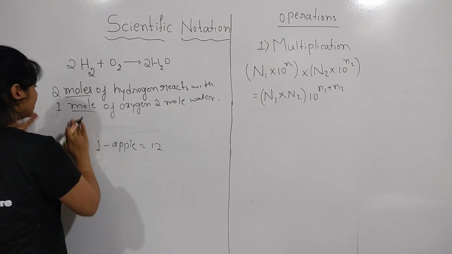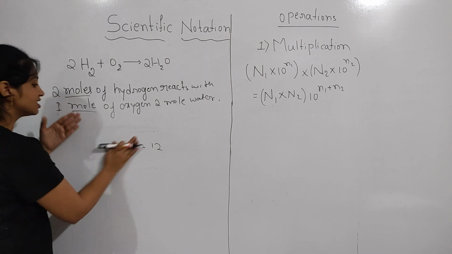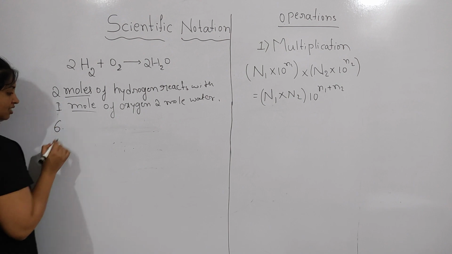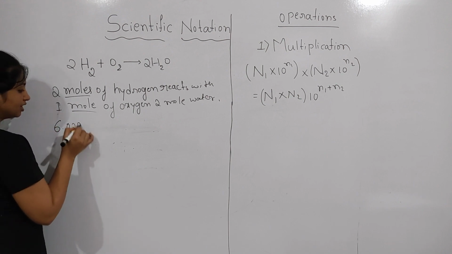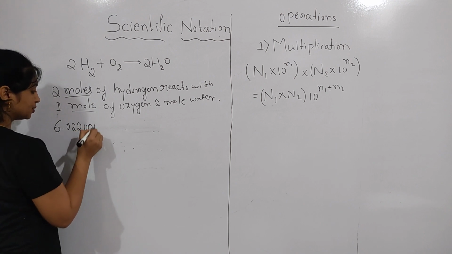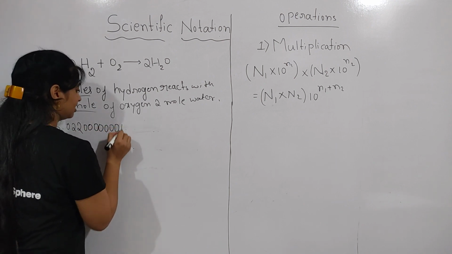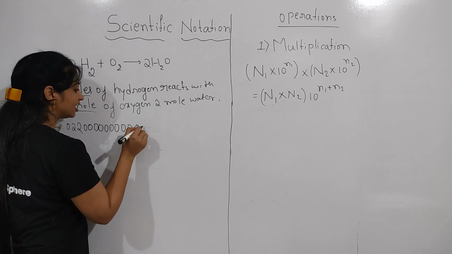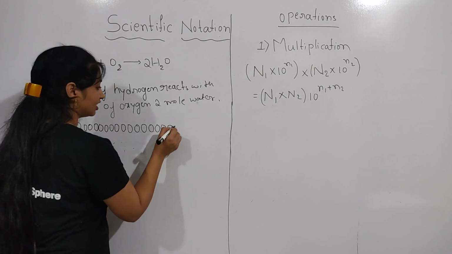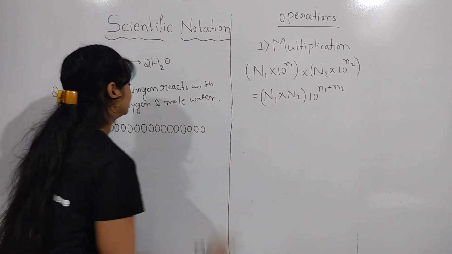So what number does this mole mean? See here: 6.022 and then 20 zeros, 1, 2, 3, 4, 5, 6, 7, 8, 9, 10, 11, 12, 13, 14, 15, 16, 17, 18, 19, 20.